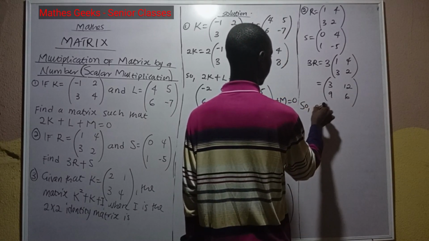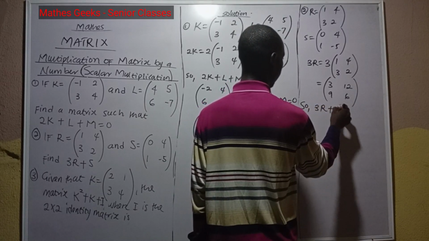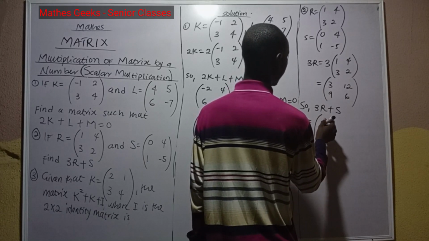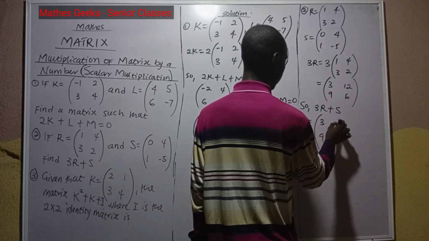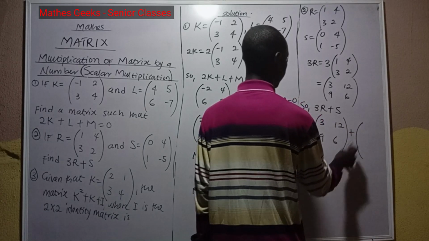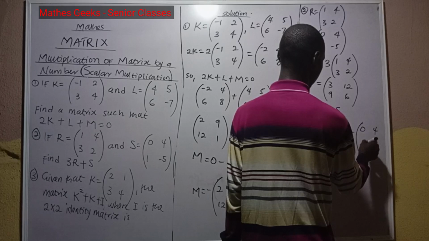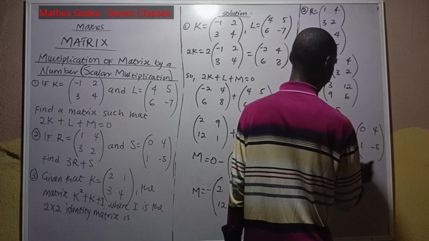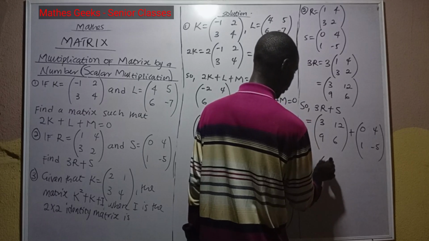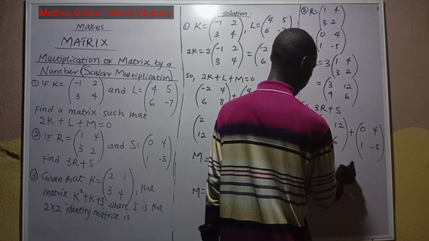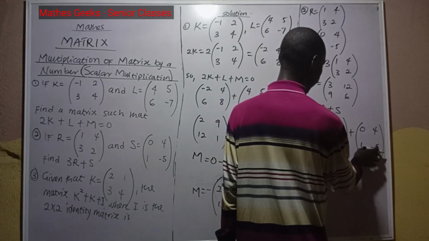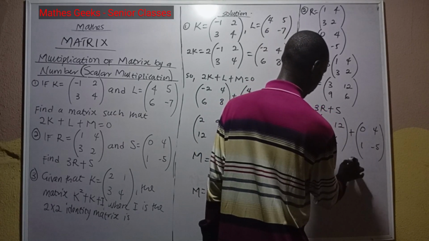So 3R plus S equals 3, 6, 12, 6 plus matrix S, 0, 4, 1, minus 5. This is equal to 3 plus 0 is 3, 6 plus 4 is 10, 12 plus 1 is 13, 6 plus minus 5 is 1.